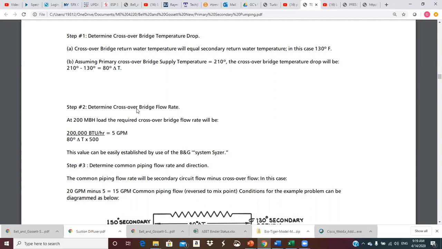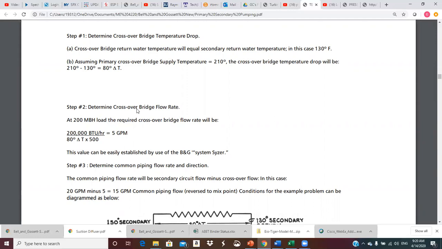So we know we've got 130 going into the return on the crossover into the primary return. And then assume primary crossover bridge supply temperature is 210, then 210 minus the 130, that's the 80-degree delta T that I just mentioned.